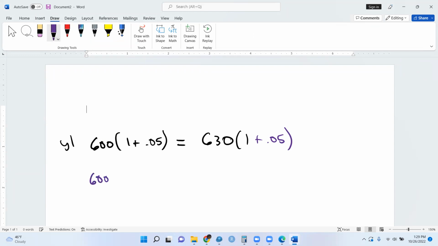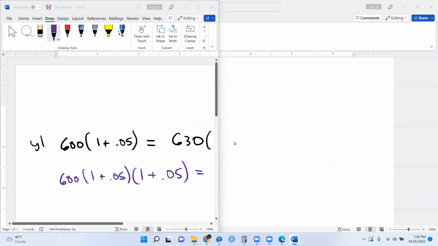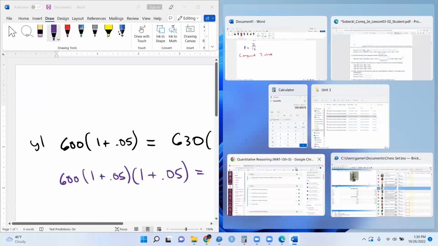So really we're taking the initial calculation we did and we're multiplying it by a second one of these. Well, this is equal to 661.50. How are we doing so far? Maybe I should be showing how this gets calculated out in Desmos as we go as well.